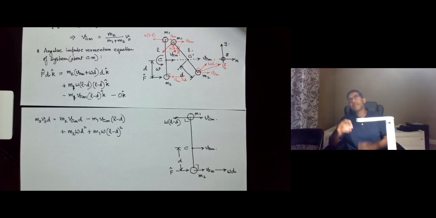Now in principle, the linear impulse momentum equation produced a velocity of the center of mass with which the entire system moves. So it is representative of a velocity with which the entire system moves. So all the individual particles of that system of particles can be considered to be moving with that same velocity.